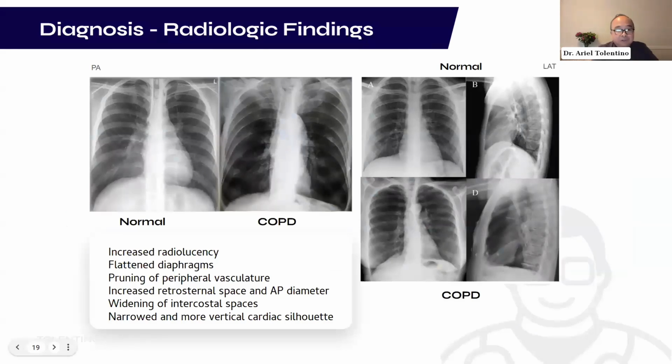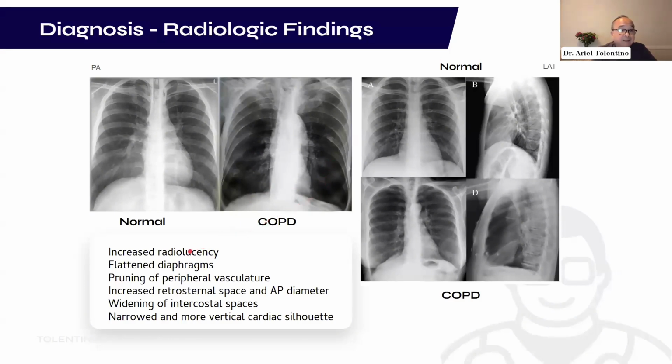Very important also is the interpretation of your X-ray, your radiologic findings. On the slide, we have a PA view, posterior anterior view, and also your lateral view for both normal patients and abnormal patients having COPD. Now, important to note, your increased radiolucency, those dark areas on both lung fields, is indicative of air trapping. There's a lot of air in the lungs, causing increased radiolucency.